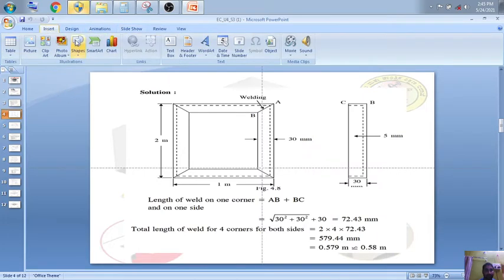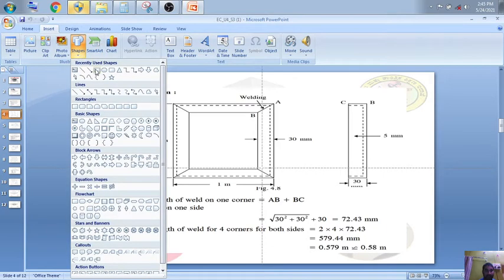I'll show how to consider this right angle triangle.